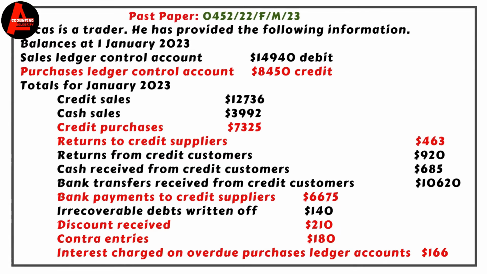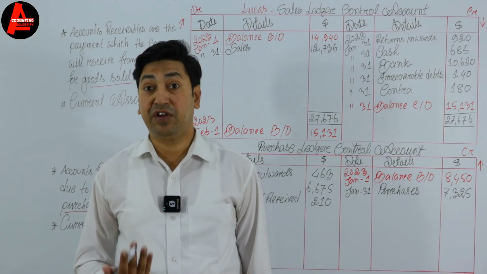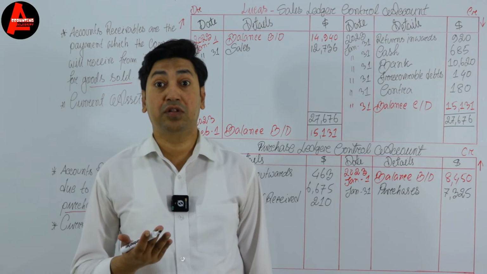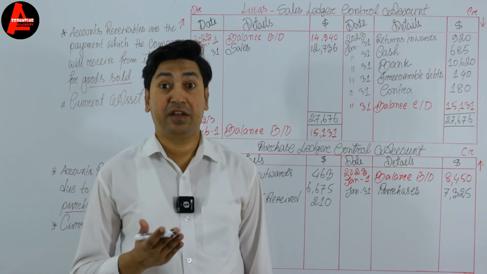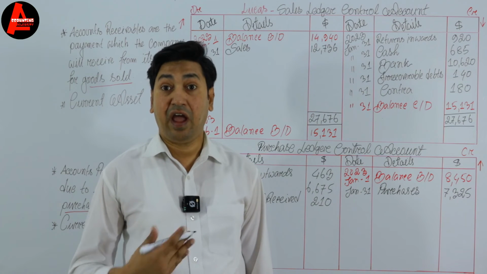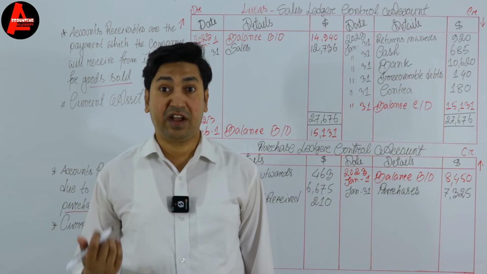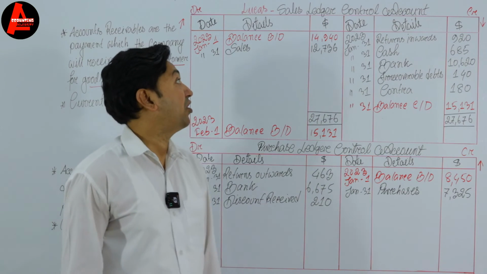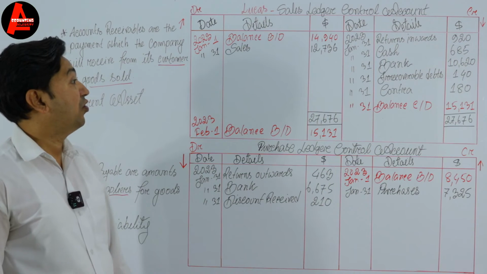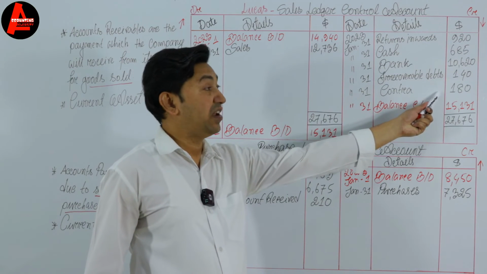Our next transaction is here. Contra entries $180. Okay, so contra entries are the entries that appear in both accounts: the debit side of purchase ledger control account and the credit side of sales ledger control account. So when we prepare sales ledger control account, we record it on the credit side.